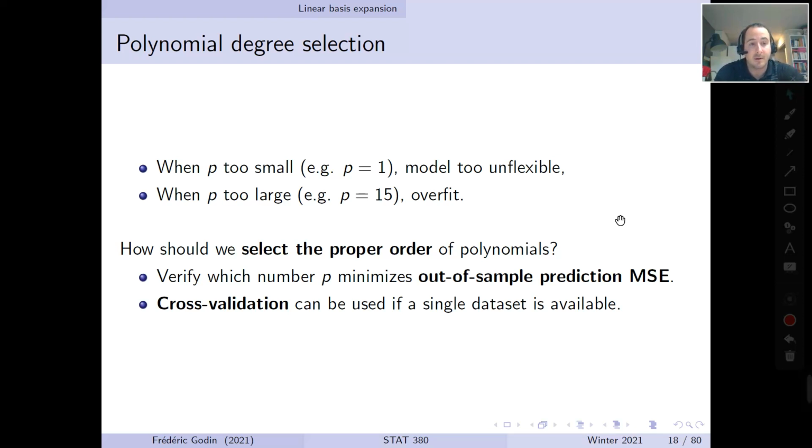And so you can do that for all P's. If P is too small, then you'll have large out of sample errors because your model is not flexible and gives bad predictions. But if P is too large, then the predictions will be very bumpy. And although you will have very small training errors, these bumps will not be helpful on your validation set to make predictions.